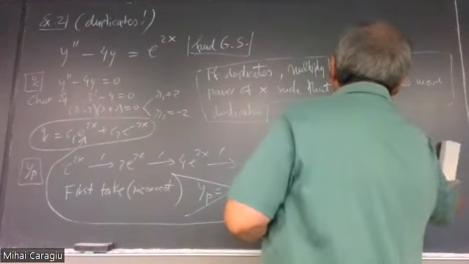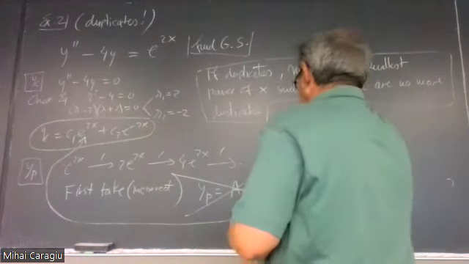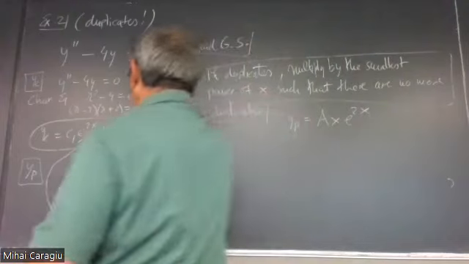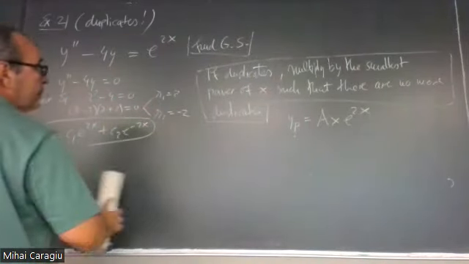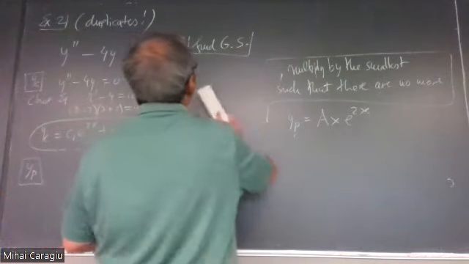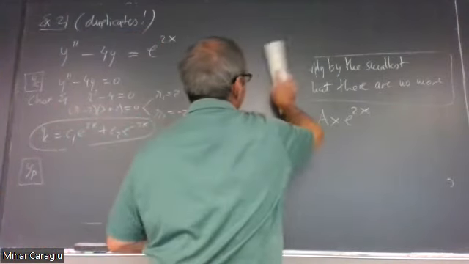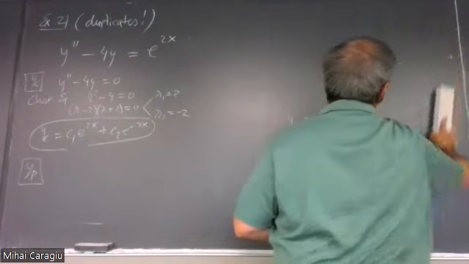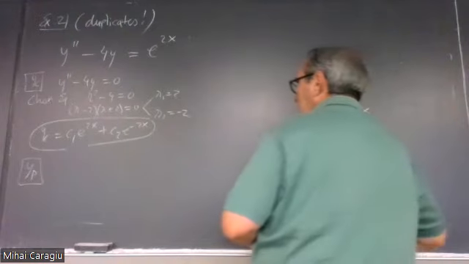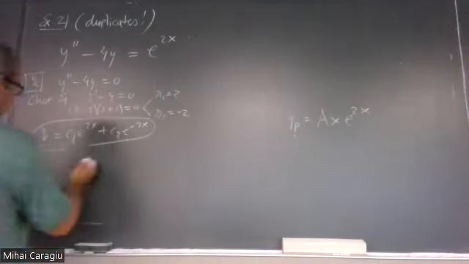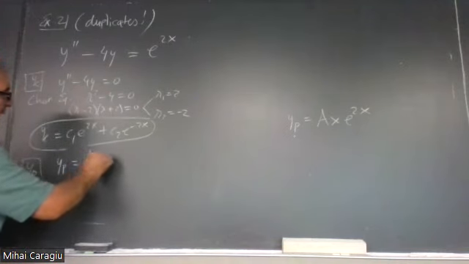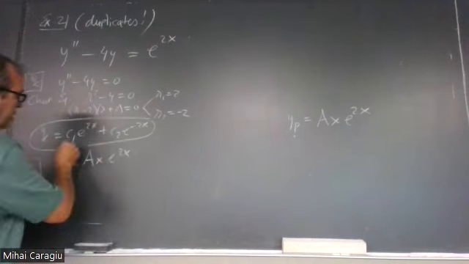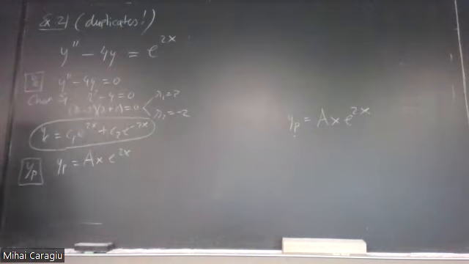So let's keep this one, a x e to the power 2x. So y sub p after this thinking equals a x e to the power 2x. A is the undetermined coefficient.